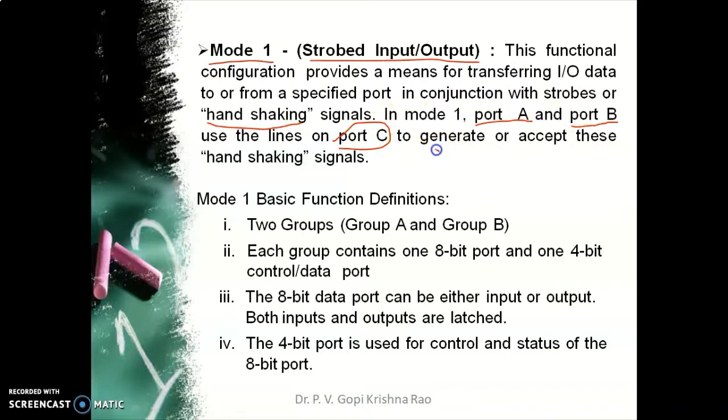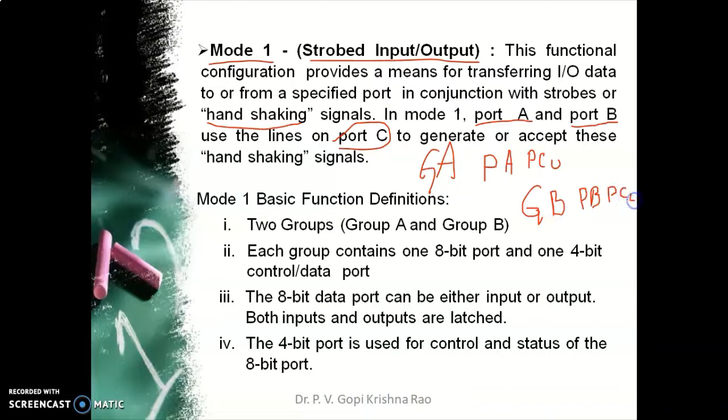In this mode, it is divided into group A and group B. Group A consists of port A, which performs the data operation with handshake signals on the port C upper 4 lines, and group B uses port B with handshake signals on the port C lower 4 lines.